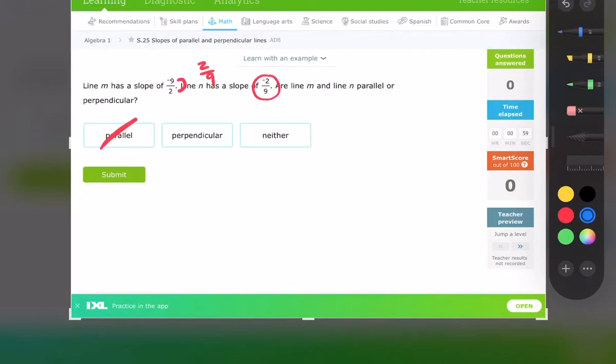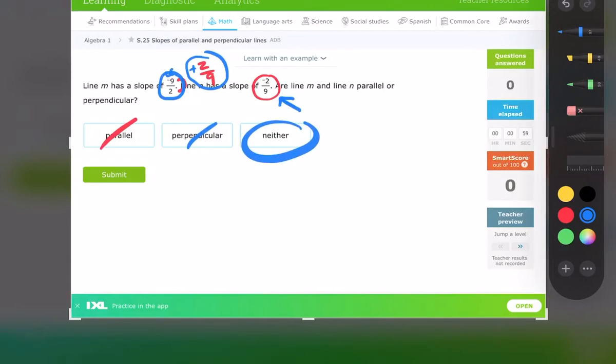However, the other thing you need to keep in mind is that the sign, if it's negative, it should be positive in this case. So this would be the slope that's perpendicular. And since this is pretty close, it doesn't have a positive though. Whereas this one is negative, this one should be positive over here. So that would mean it's not perpendicular, so it would be neither.